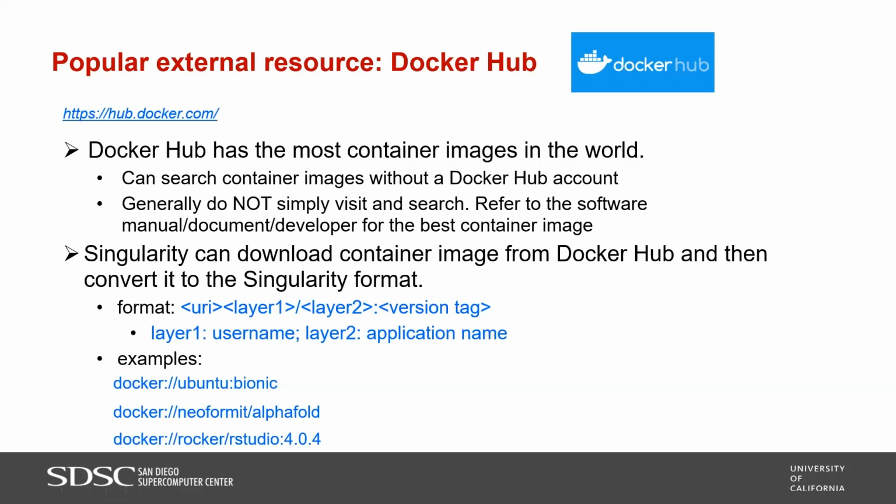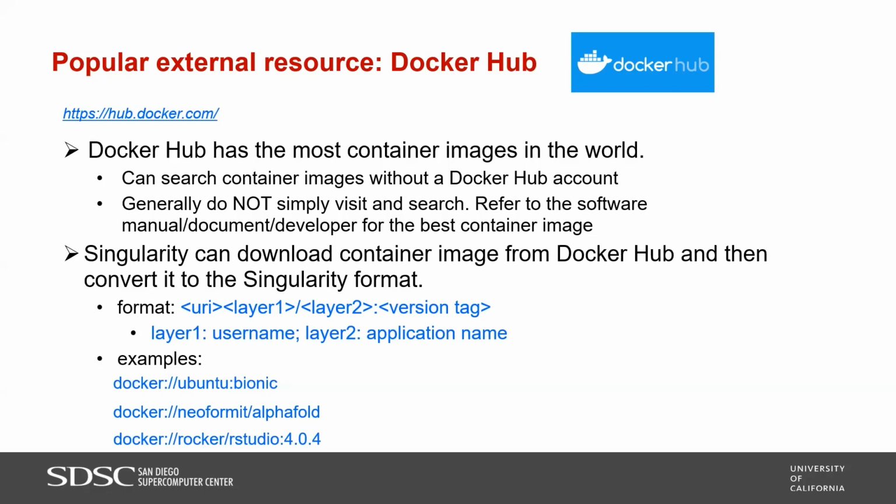I've listed some examples here, and you can see that if we wish to download Ubuntu with the version Bionic, we use this URI in our singularity build command. Once we run singularity build, we can build the image from Docker Hub.